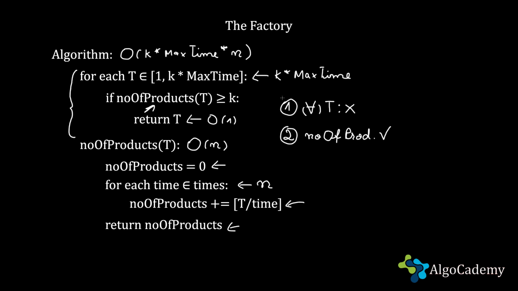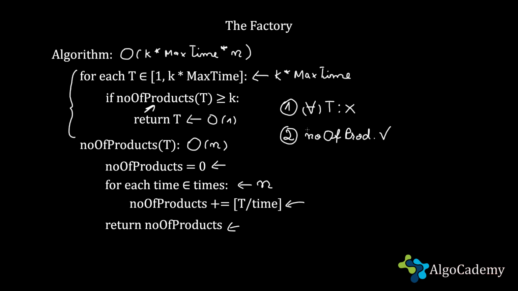This is not efficient, right? Going through k crossed max time different values of t is not efficient, and we can check a lot fewer values. Now, this is the interesting part, because you're probably wondering, Andy, how could you check only a couple of them?